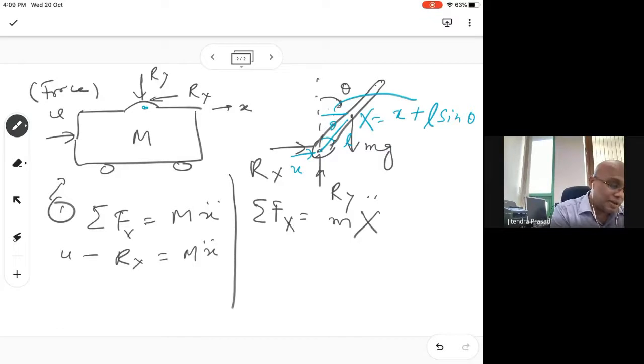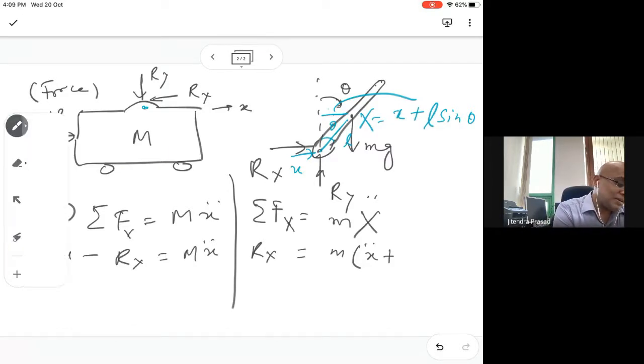So we will have Rx. Rx is in the positive x direction, and what do we have? No other things, just this one. So Rx will be equal to m times x double dot plus, if x is either, we use this one, and we can assume theta is very close to zero.